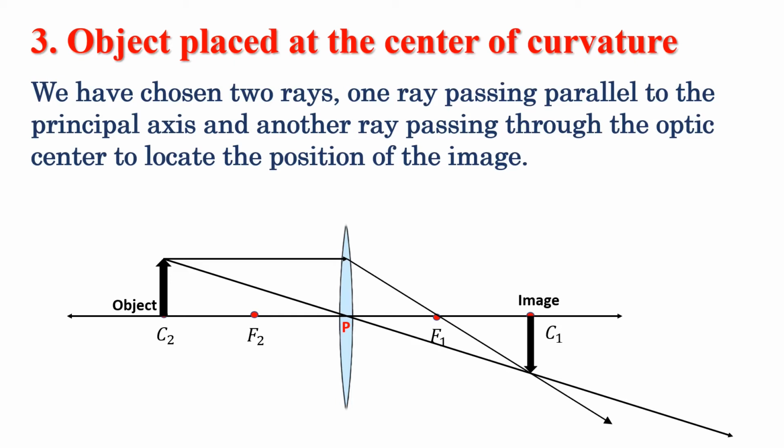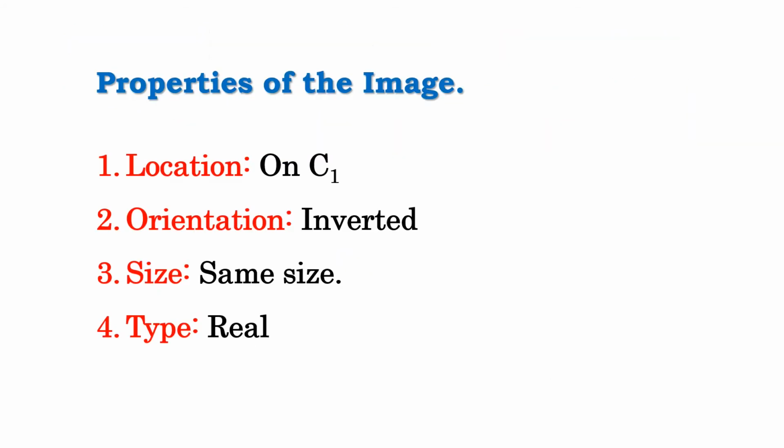By observing this diagram, you can say the image is inverted and it is the same size as the object. And it is also a real image, we can see it on the screen.